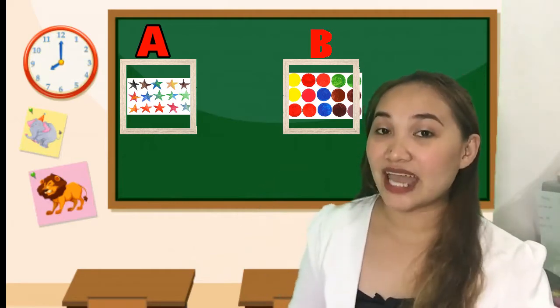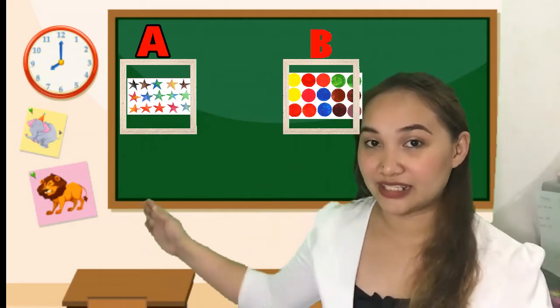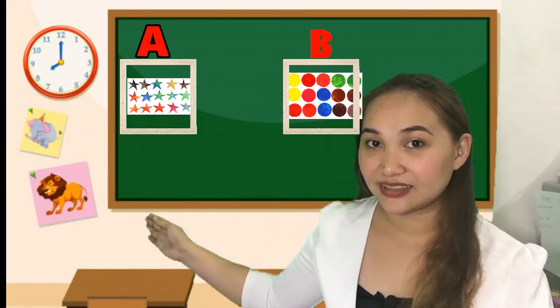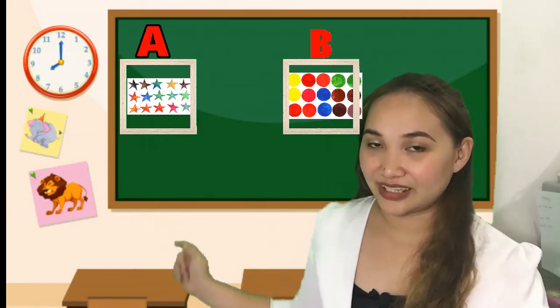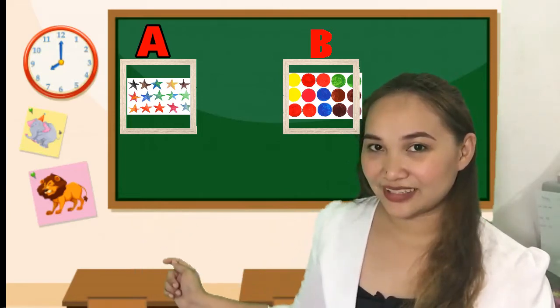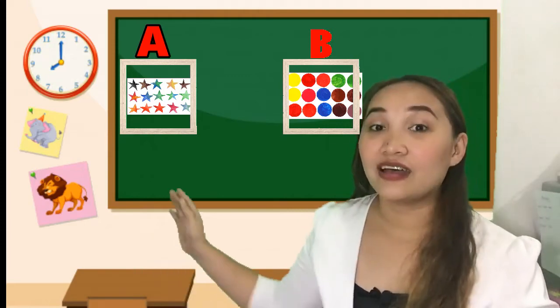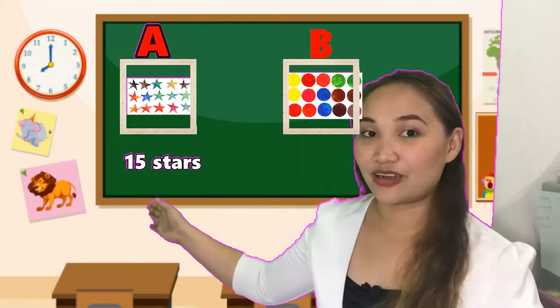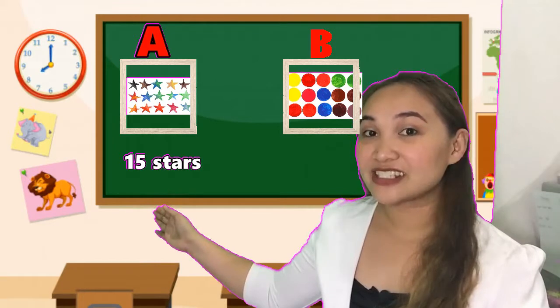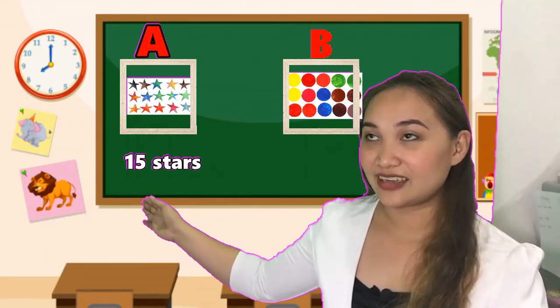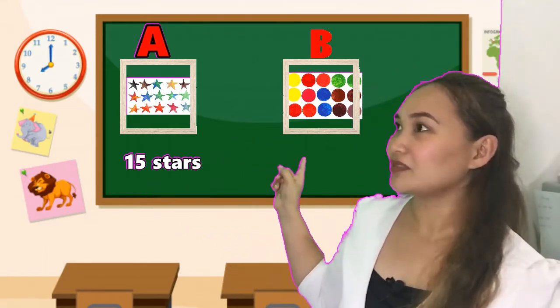Can you count how many stars we have in A? Okay, how many? Very good. There are 15 stars in box A. And how about box B?